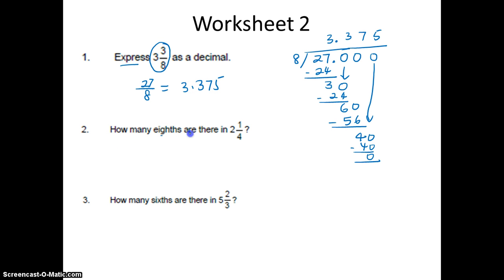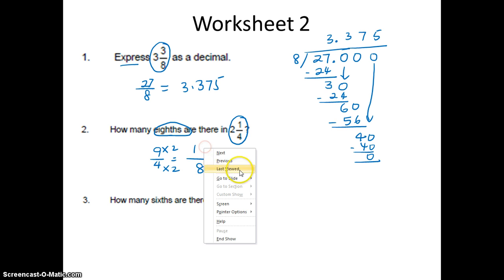Question 2. How many 8s are there in 2 and 1/4? So first I need to express this as an improper fraction. 2 and 1/4 will be 2 times 4, 8, plus 1, 9. 9/4. I want to find how many 8s. So 4 times 2 is 8. So 9 times 2 will be 18. So the answer is 18 eighths.